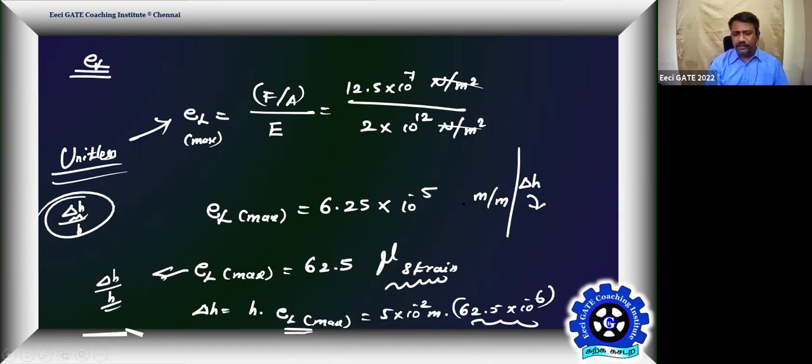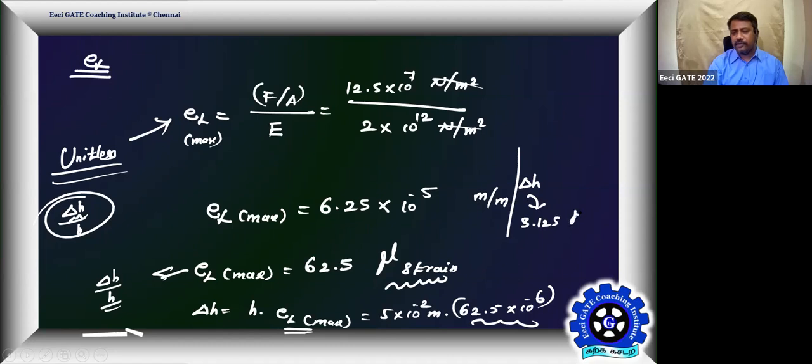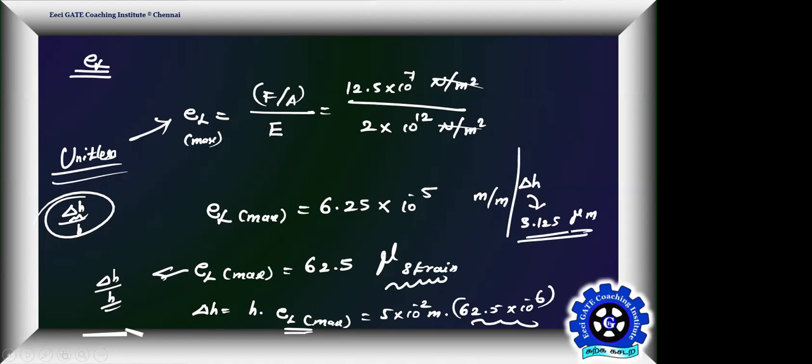Put it in micro: 62.5 into 5, so 3.125 micro, sir. 3.125 micrometers is your change in height of the load cell. Getting, Ashwant? Yes, sir.